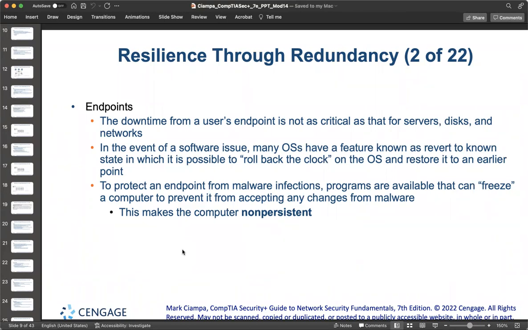In the event of a software issue, many operating systems have a feature known as revert to last known good configuration state, in which it is possible to roll back the clock and go back to the last time you had a system which was working without any problem.